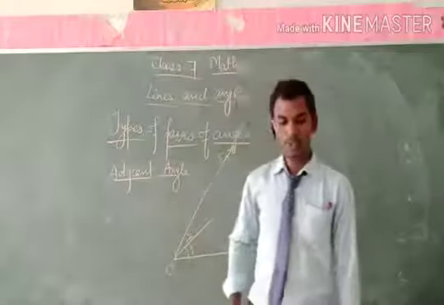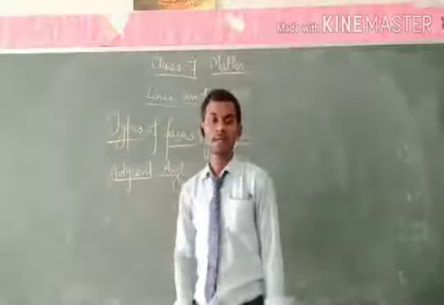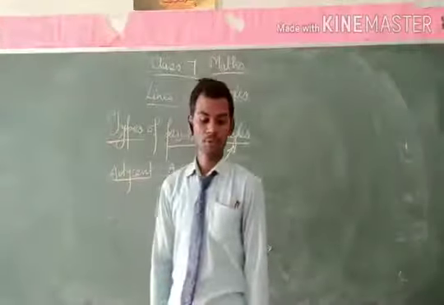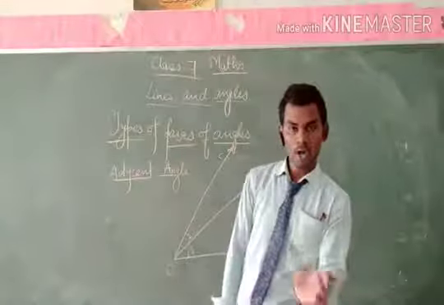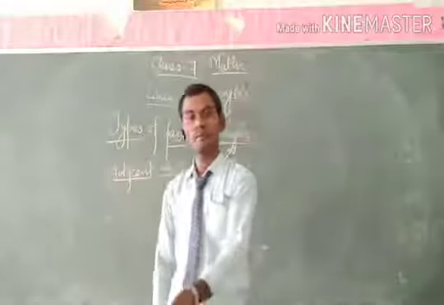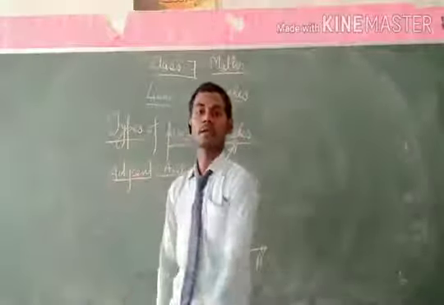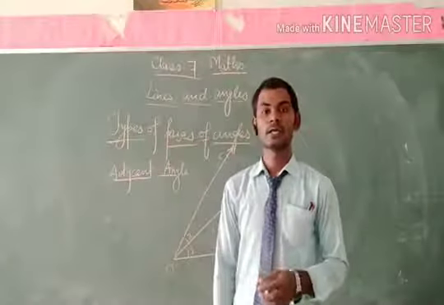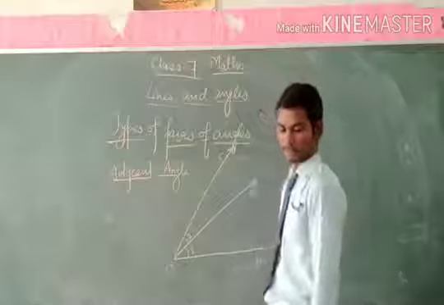So we define the adjacent angle. Two angles which have a common side and a common vertex, with their other arms on the opposite sides of the common side, such a pair of angles is known as adjacent angles.